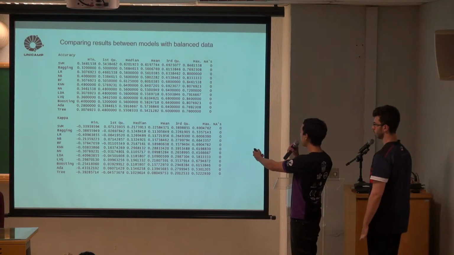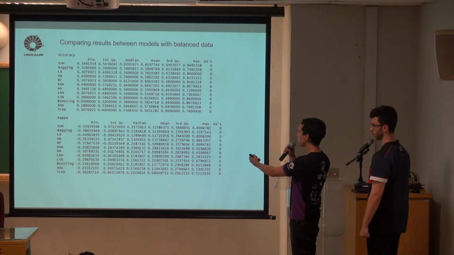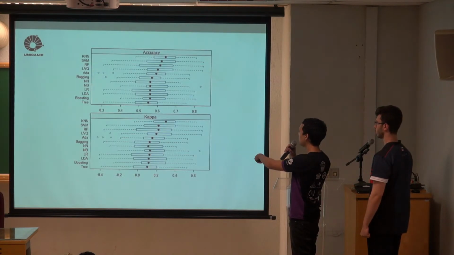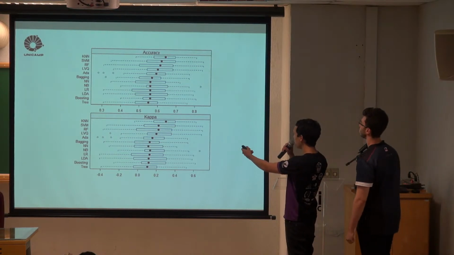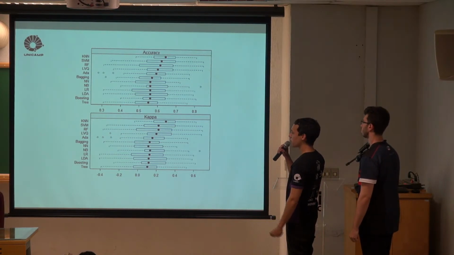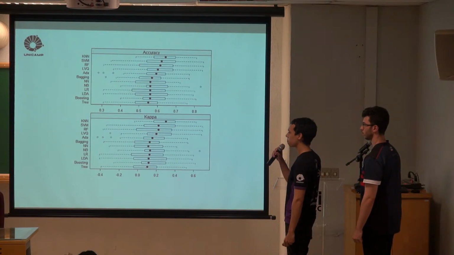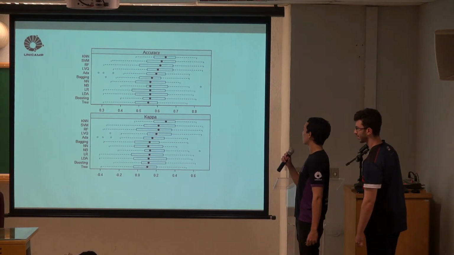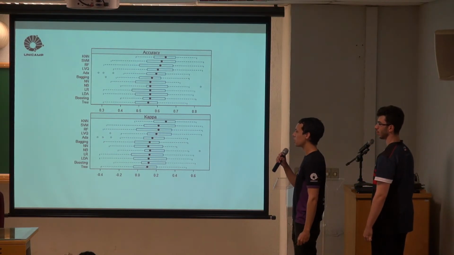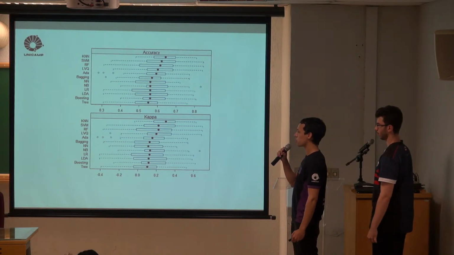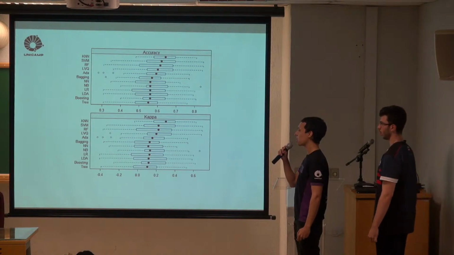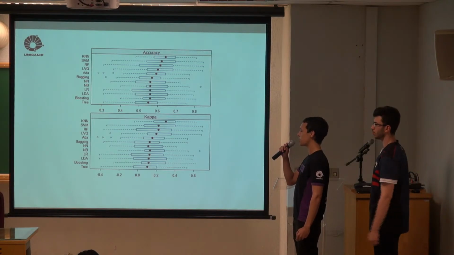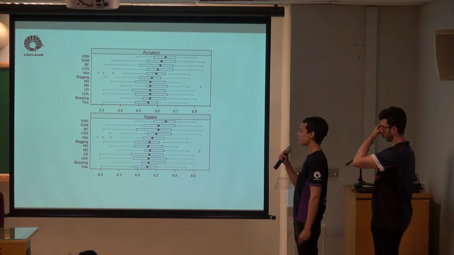Here we can't see clearly which one is the best, but in the box plot graph, we can see that KNN is the best model that we got. After balancing data. Which type of balancing? SMOTE. Interesting.